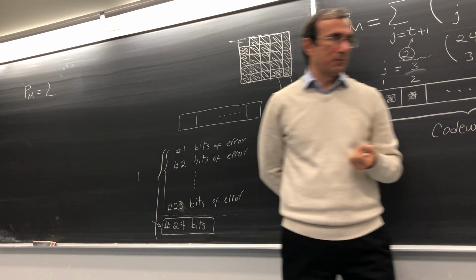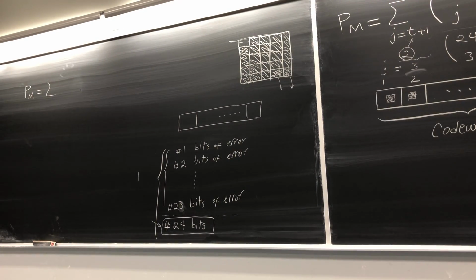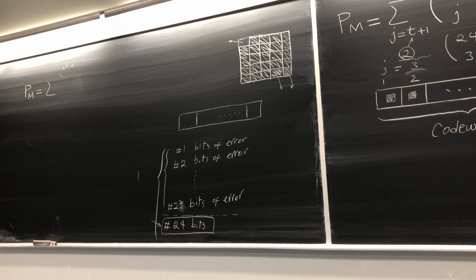Let me get to number 24 before, because I don't have all the problems in my mind. Calculate the improvement in probability of message error relative to an uncoded transmission for a (24,12) double error correcting linear block code. So the situation is, again, (24,12), and error correction would be up to 2 bits.